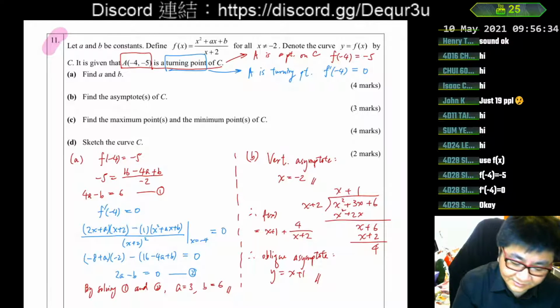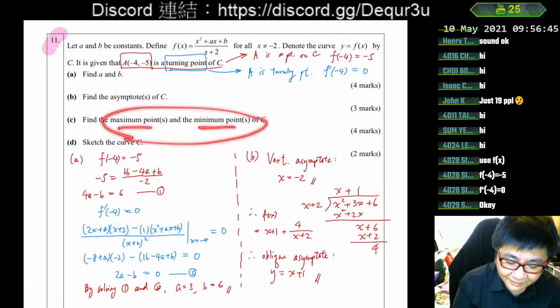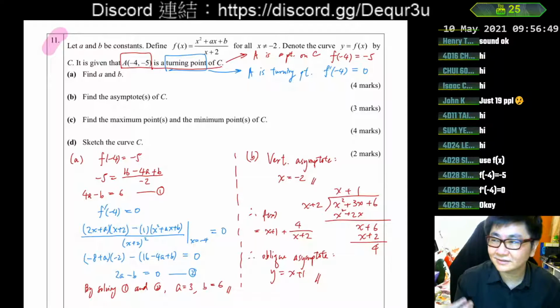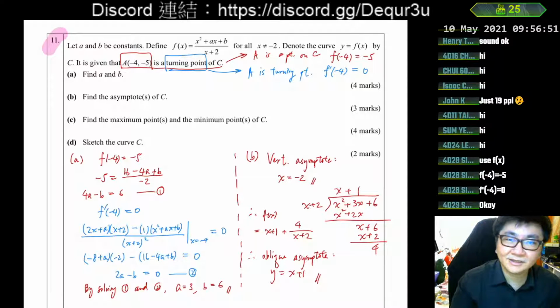So if later when we find the maximum and minimum points using this A and B, then one of our answers should be -4, -5. Then you can consider it as answer checking, which means you are doing things reasonably.